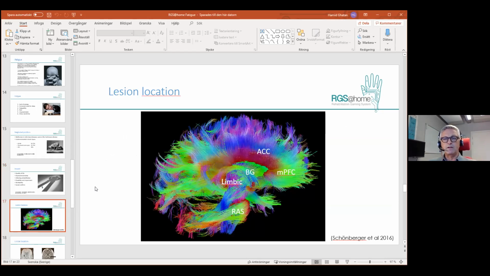There are some studies, Schoenberger, for instance, who have shown that there is a correlation between lesion location and fatigue in the medial prefrontal cortex, in the anterior cingulate cortex, in basal ganglia, in the limbic system, and also in the brainstem. Lesions there have been correlated with fatigue.